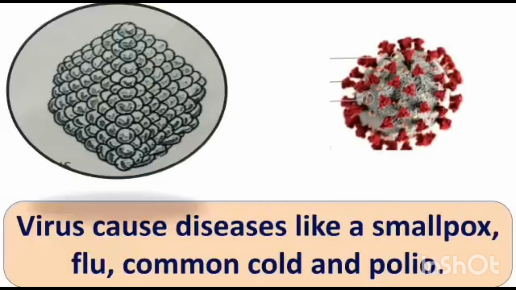So what are the precautions we have to take? First is social distancing, the second is using a mask on the nose and mouth, and the third is washing hands regularly.